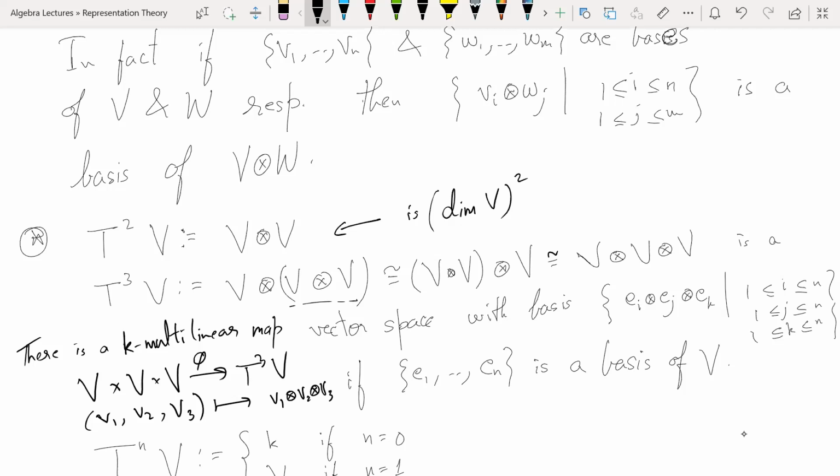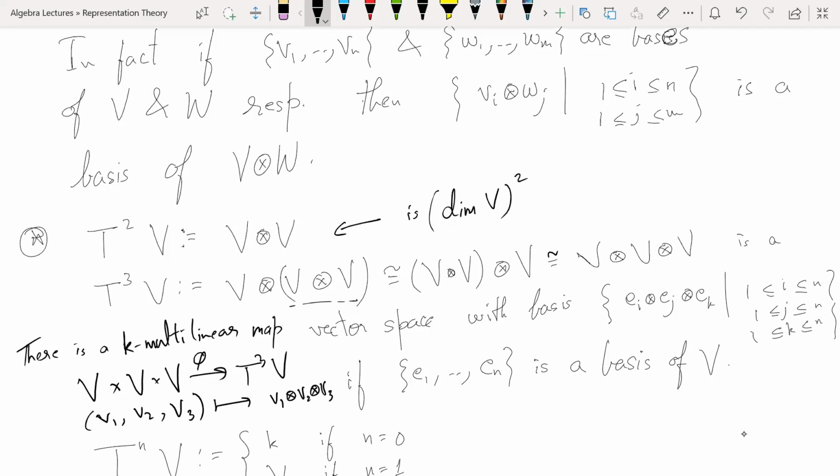So you can see that the image of phi is going to be some subset. First of all, phi is also not a linear map; it's a multilinear map, so it's not a morphism of vector spaces.